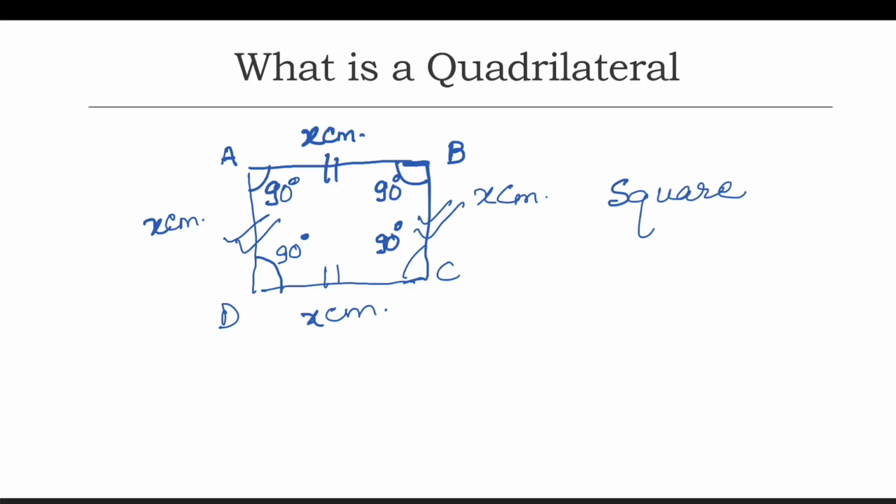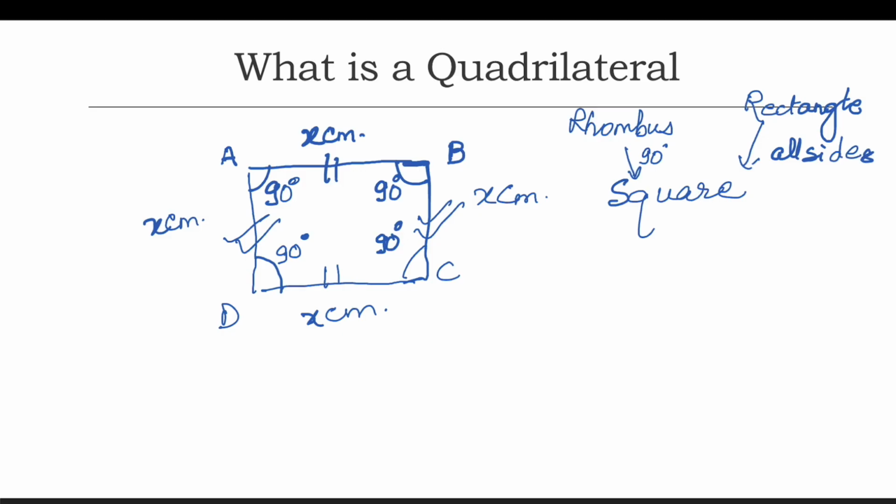So a square could be represented in two ways. It is a special type of rhombus where all angles are 90 degrees, or the other way is it is a special type of rectangle where all sides are equal.